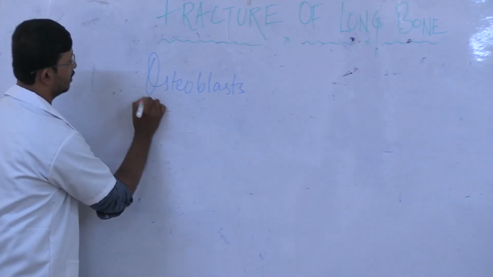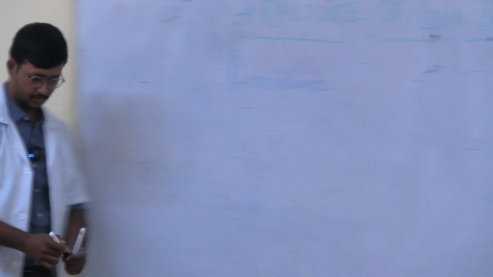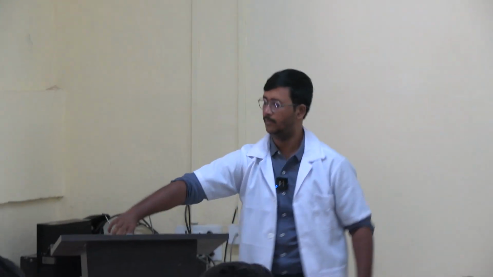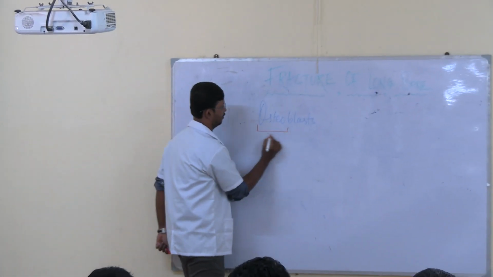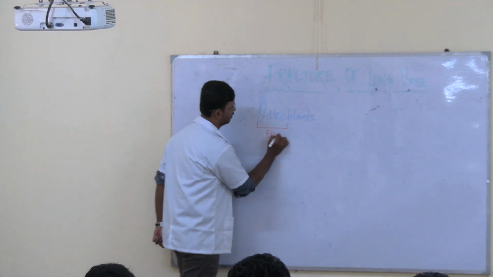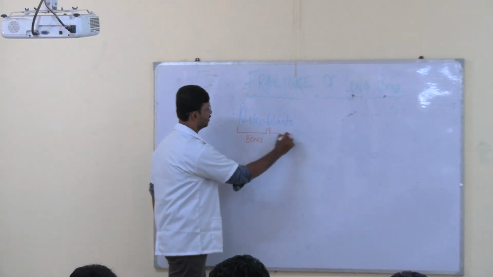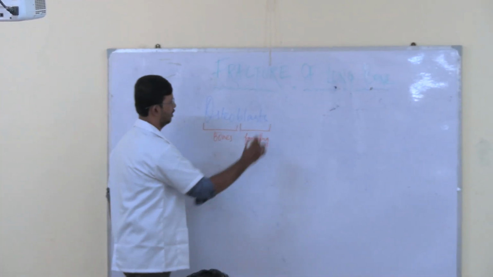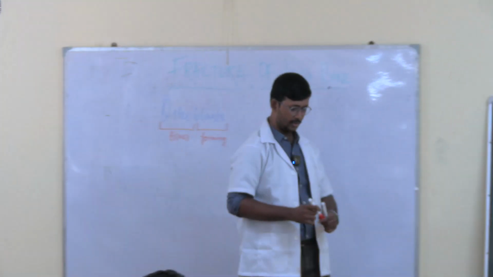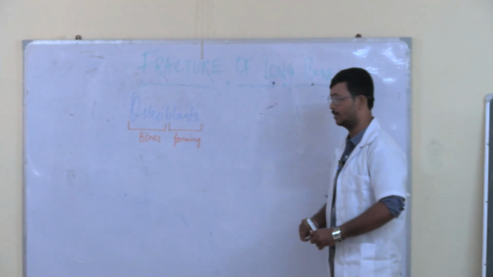As the name suggests, osteo means bones and blasts means forming. So osteoblasts means bone forming cells.